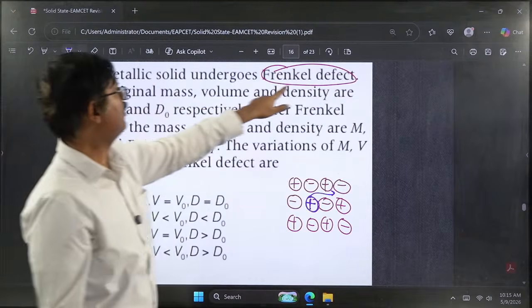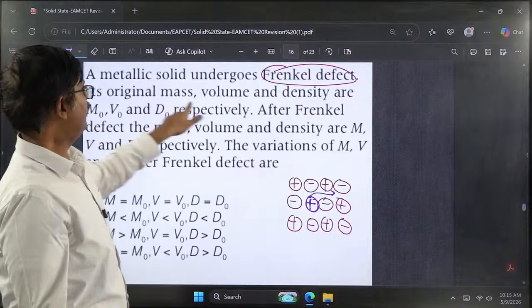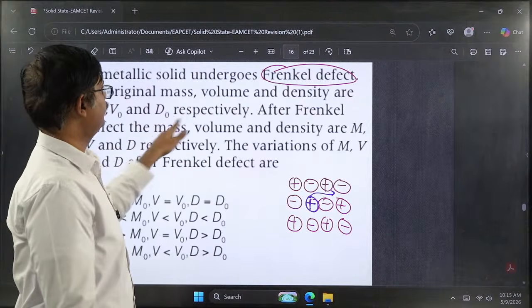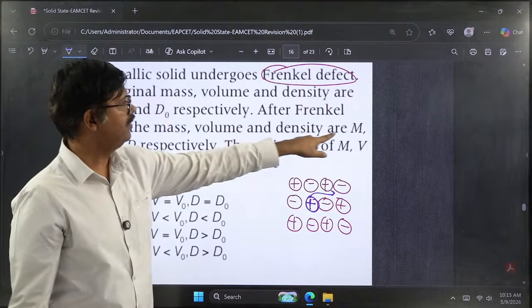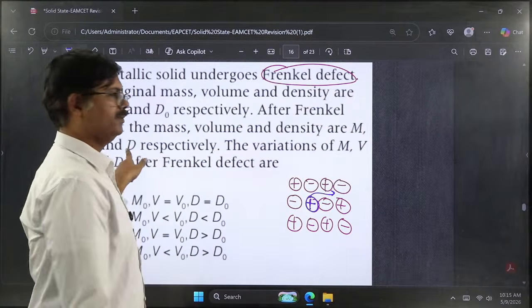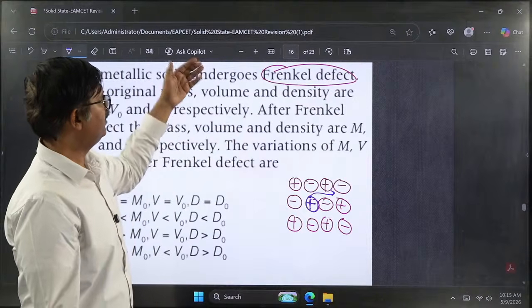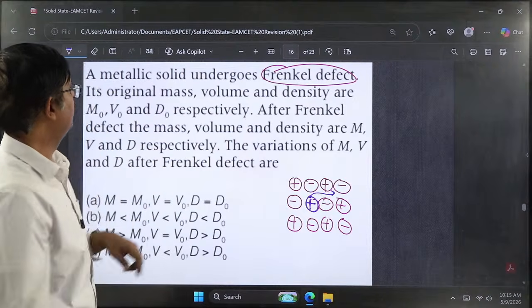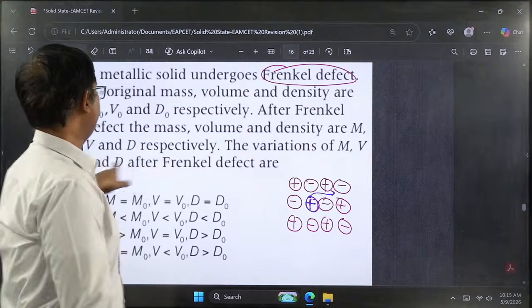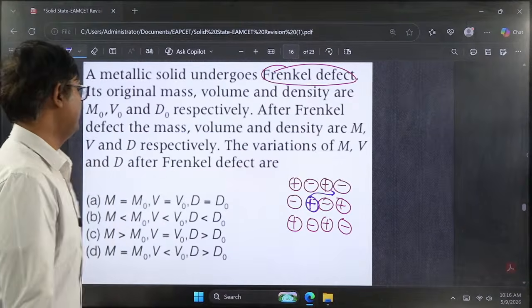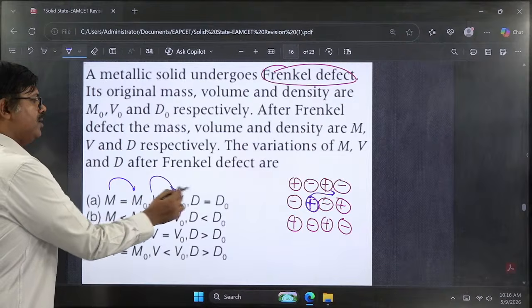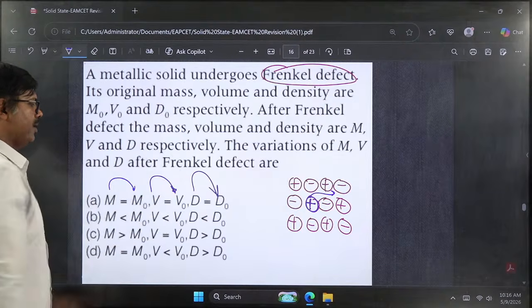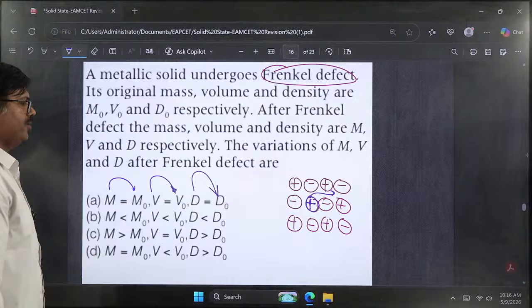A metallic solid undergoes Frenkel defect. Its original mass, volume and density are given, and after the defect, mass, volume and density are given. The variations of M, V and D after Frenkel defect are: mass no change, volume no change, therefore density also no change.